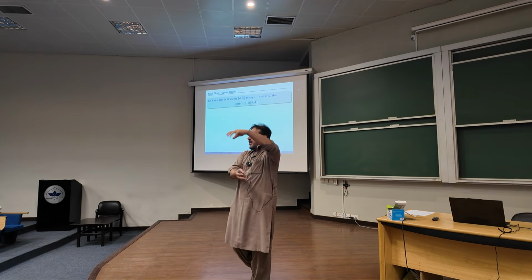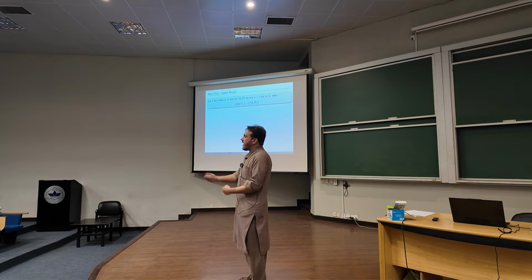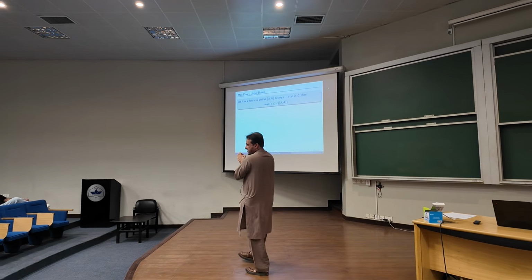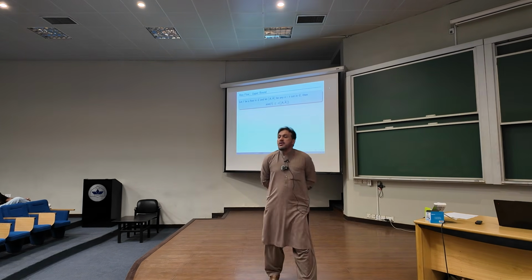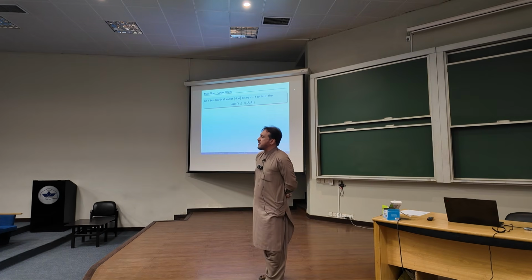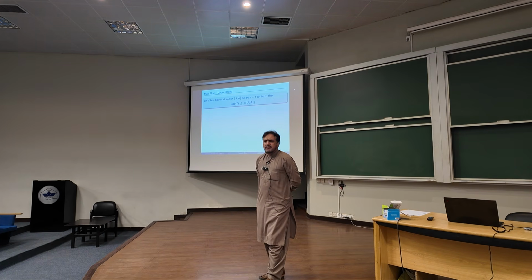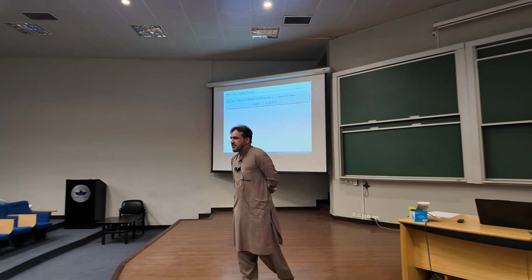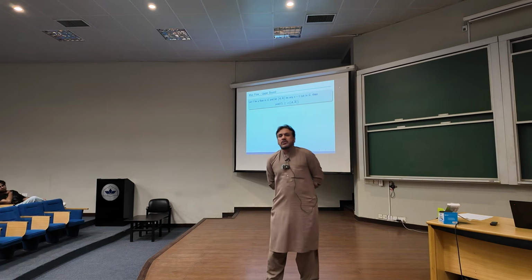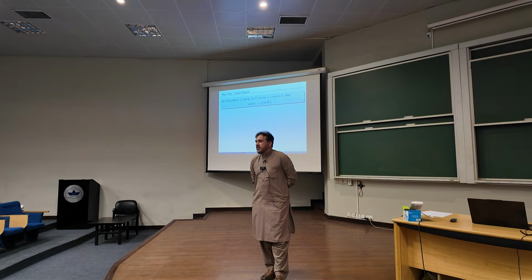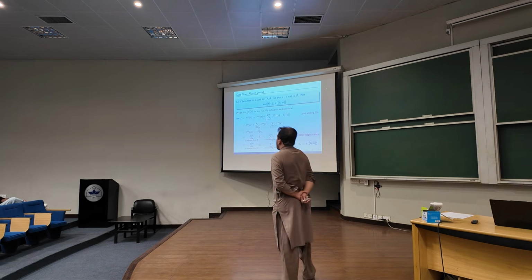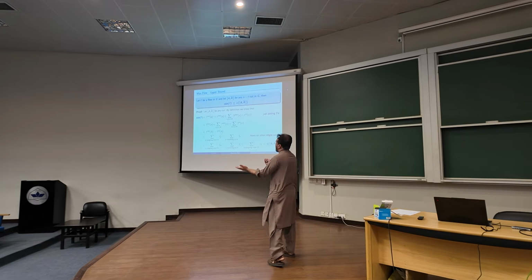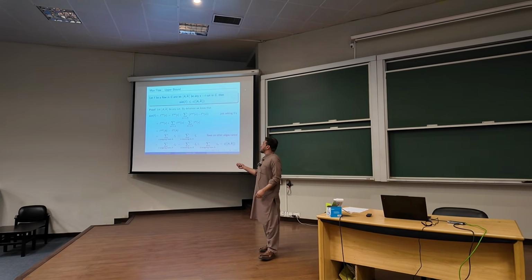I told you there are 2 to the n minus 1 cuts. For any of these cuts, it is a true statement that the size of that flow must be less than or equal to the capacity of the cut, right? Does it make sense? It's a very natural statement. You just told me there cannot be any flow more than 10 in that graph, and more than 8 and then more than 7. But there is a formal proof, and that's not just a mechanical proof. What is the size of the flow?